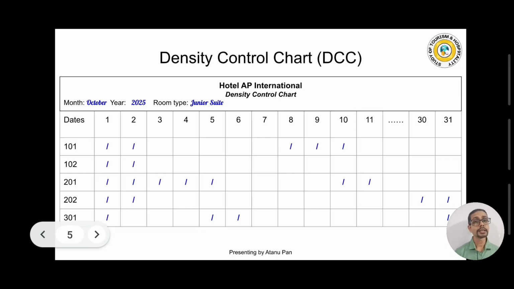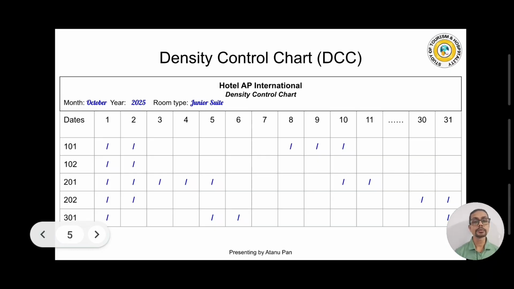For the month of October, these rooms are already booked for the dates that have been crossed or marked. Like 101 is booked for 1st of October, 2nd of October, 8th of October, 9th of October, and 10th of October. For the rest of the days of the month, 101 is available to sell, so we can sell 101 for the rest of the days.